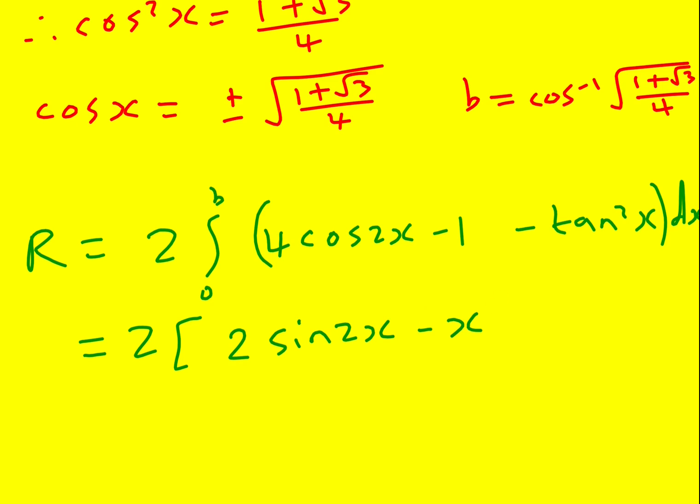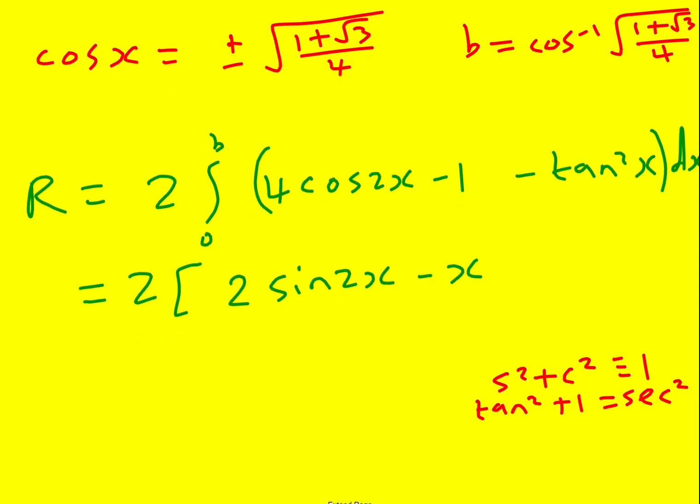All right, we've got to think about how we integrate tan squared x. And this is going to be more identities. So sine squared plus cos squared is 1. Divide through by cos squared, so we get tan squared plus 1 is equal to sec squared. And that means that tan squared is identical to sec squared minus 1.